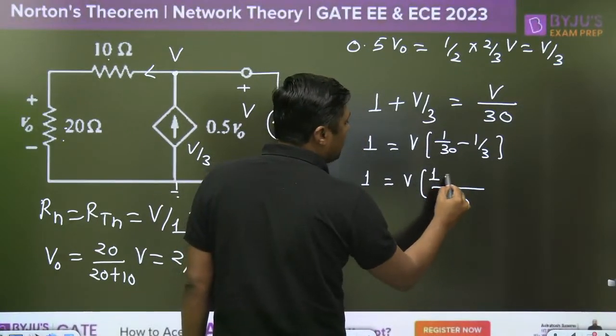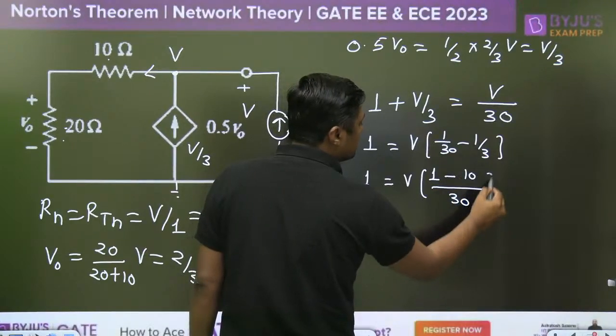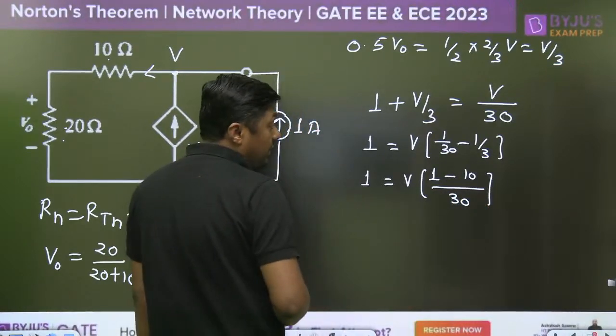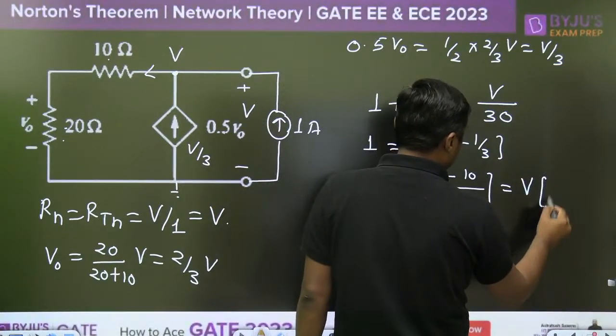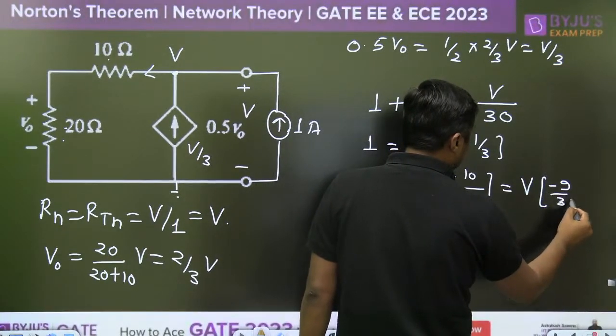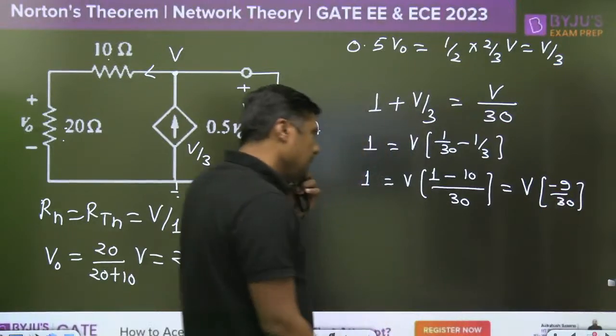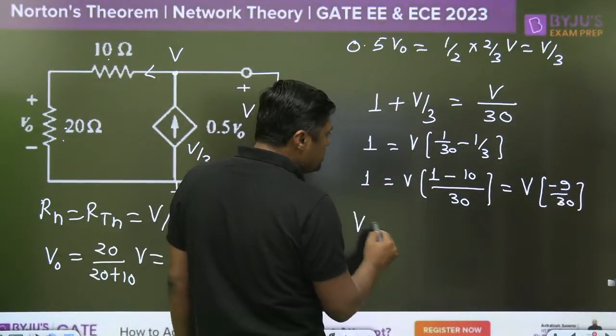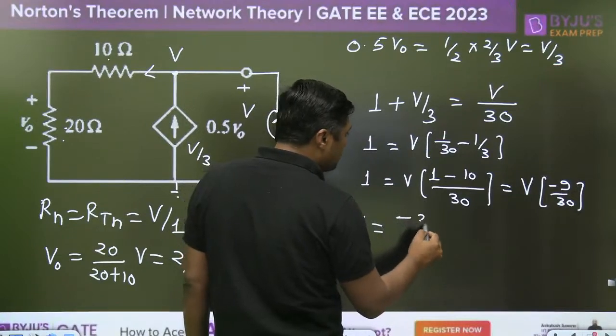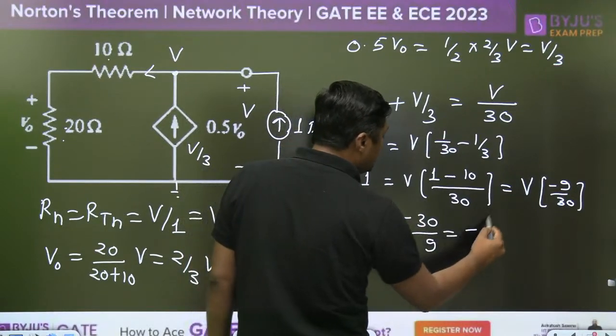It will become 1 minus 10 by 30. Please check my calculation. 9 by 30, and that is, V is equal to minus of 30 by 9, that is nothing but minus 10 by 3.